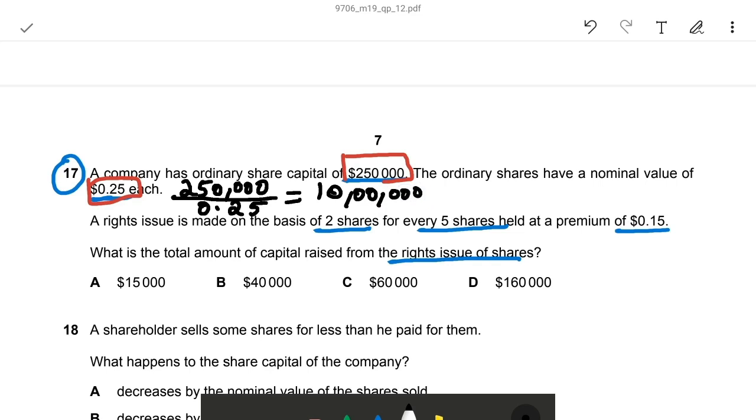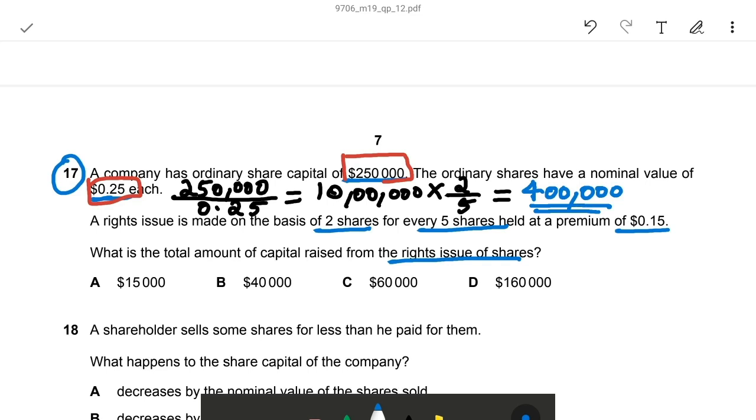For every 5 shares held, the company is giving 2 shares. So multiply by 2 over 5. So in total how many shares is the company issuing? They are issuing 400,000 shares.